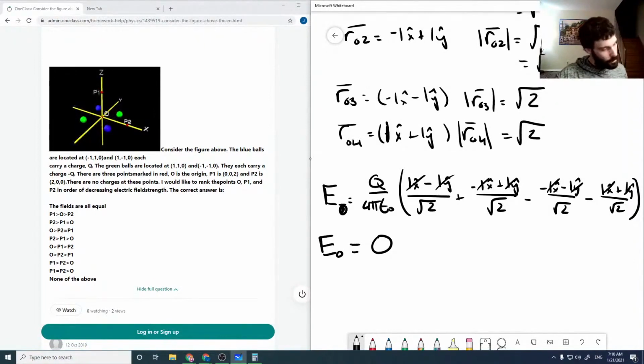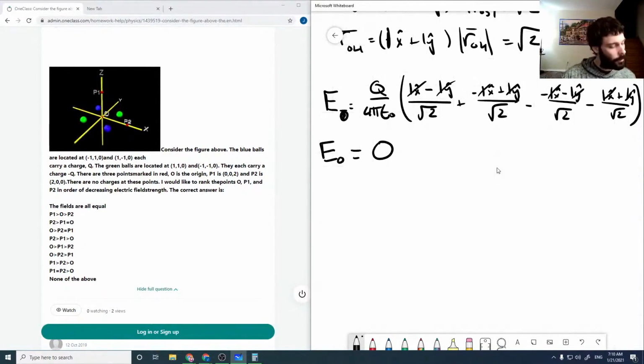Okay. So now for point 1, we will have the same kind of E field expression, but now we need to solve for each of the other vectors. So our P1 minus 1 is the difference between our point and our charge.